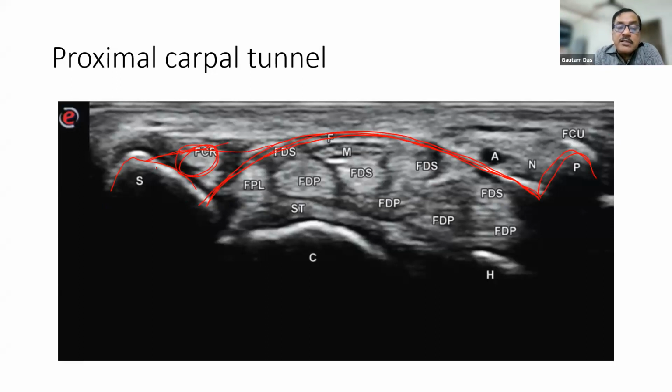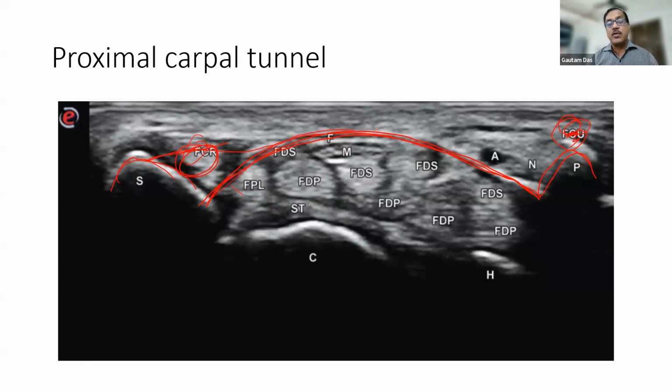Flexor carpi radialis is a tendon which is outside the carpal tunnel, and here is the flexor carpi ulnaris, which is also outside. So these are the two pillars, as if two guards, one over the scaphoid, one over the pisiform. So they are on either side of this carpal tunnel.